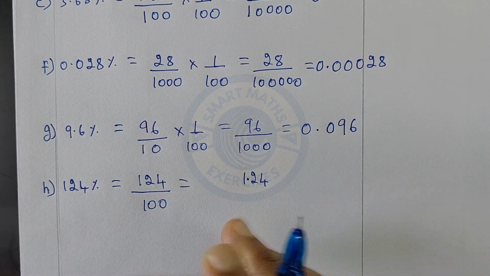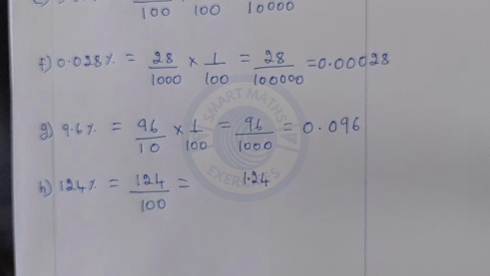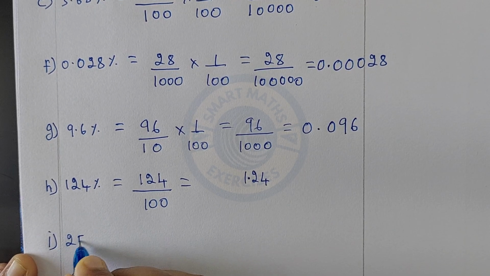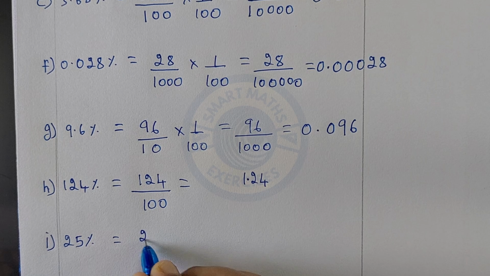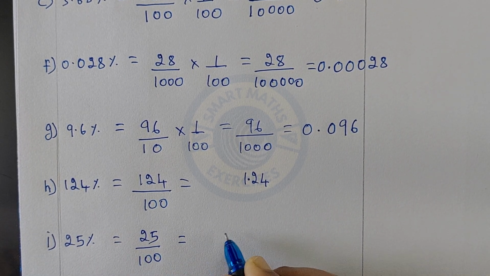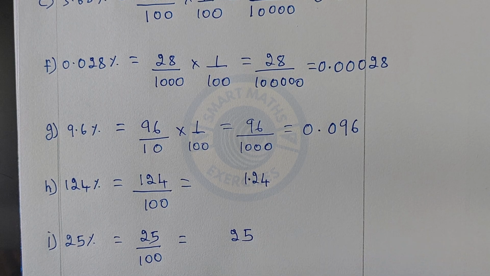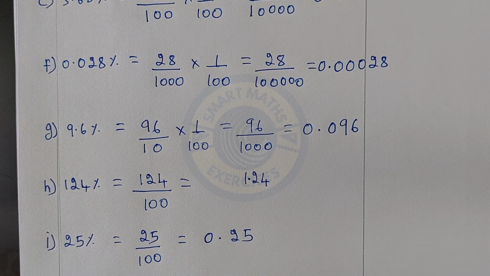So 1.24 is the answer. Next question, I, 25%. So 25 by 100. Write 25 as it is. And there are 2 zeros in the denominator. So after 2 digits, write the decimal point and then 0.